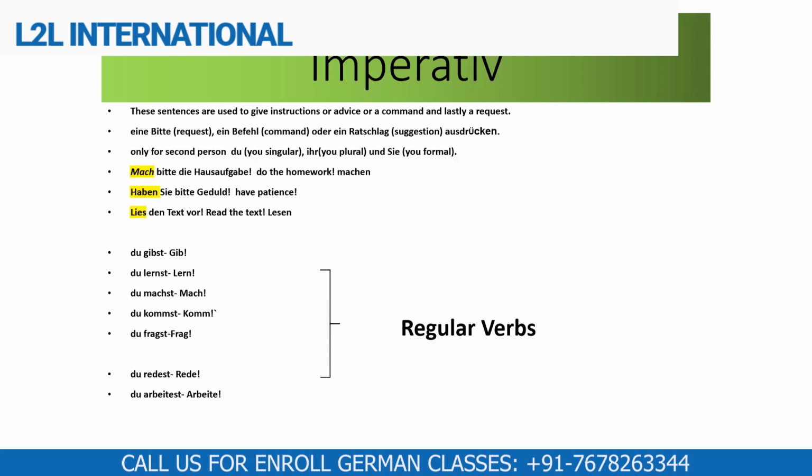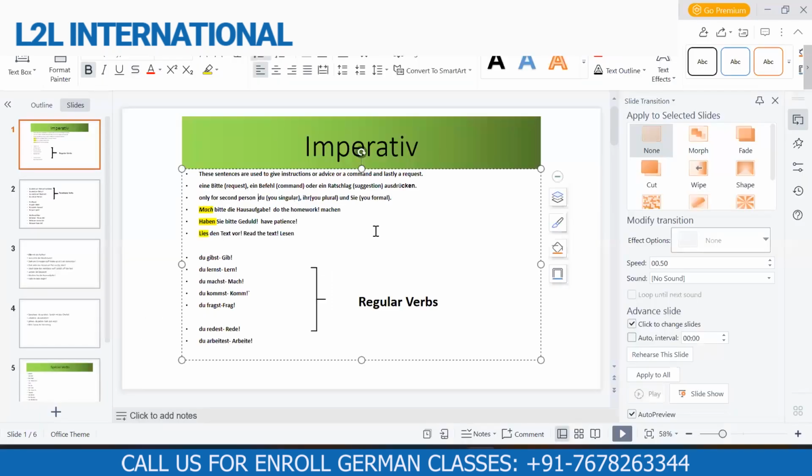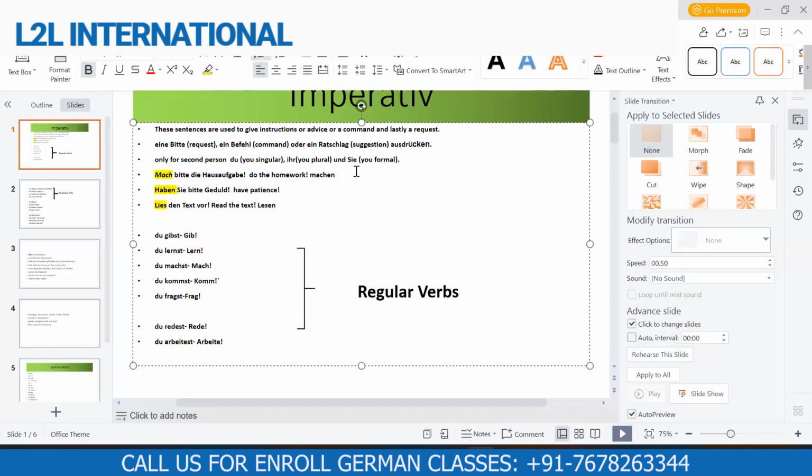Haben Sie bitte Geduld is like a request: have patience. And Lies den Text 4 means read the text. So I have here three forms of sentences. The first sentence, which you can see on screen, is a du sentence, like we are talking informally. The second is a formal you sentence. And the third is again a du sentence.